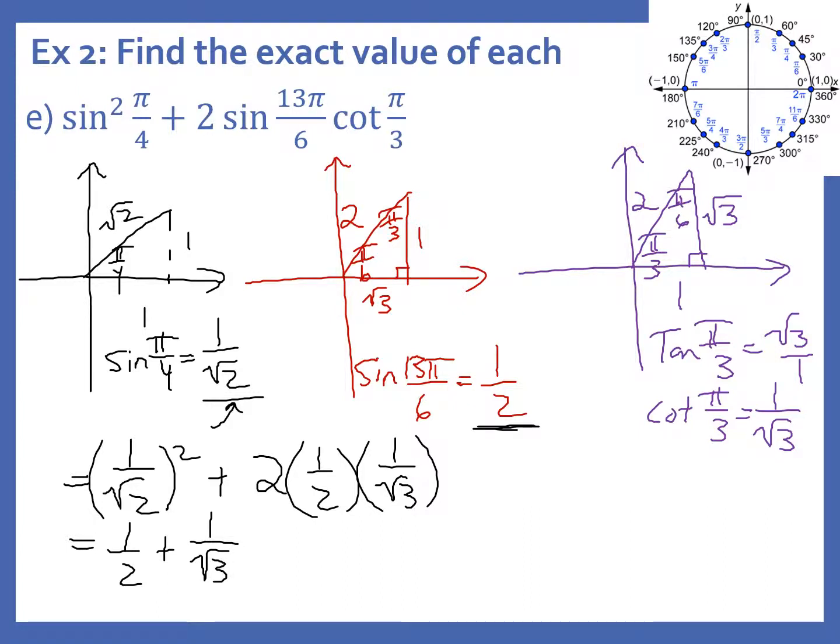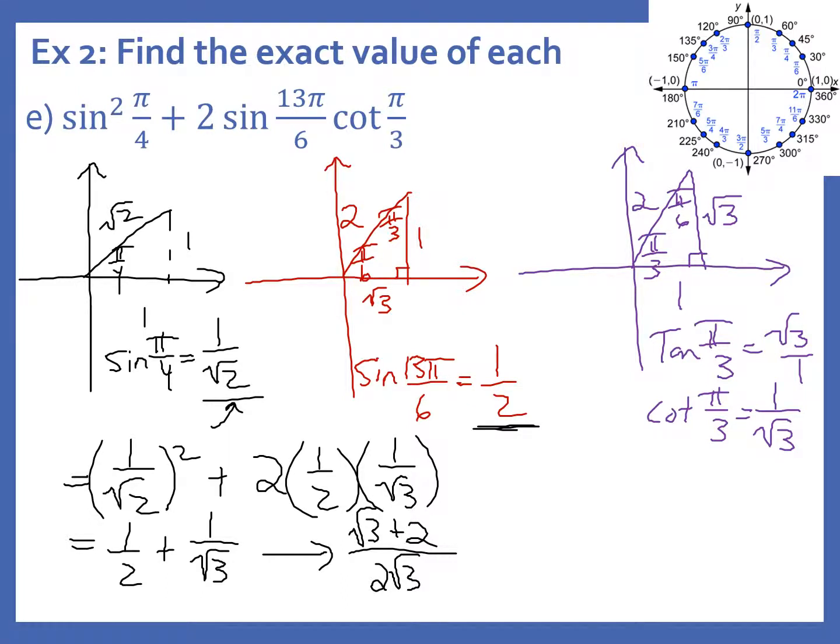You can leave it like that if you want to show off. Sometimes the textbook will take that further, so you'll want a common denominator, which is 2 root 3, which would make that root 3, and then plus 2, all over 2 root 3. And then things would get even dicier if we want to get rid of the radical in the denominator.